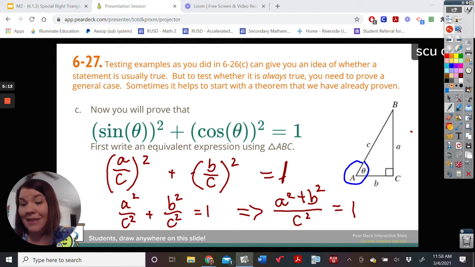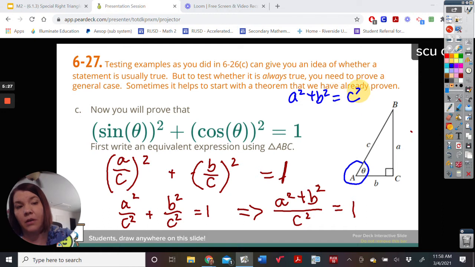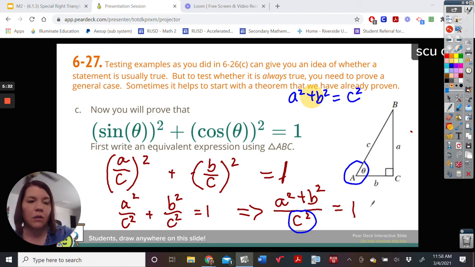The Pythagorean theorem says a squared plus b squared equals c squared. So that means I can replace c squared with a squared plus b squared. So I can substitute: a squared plus b squared, the one I already had, over c squared, which can be replaced with a squared plus b squared.